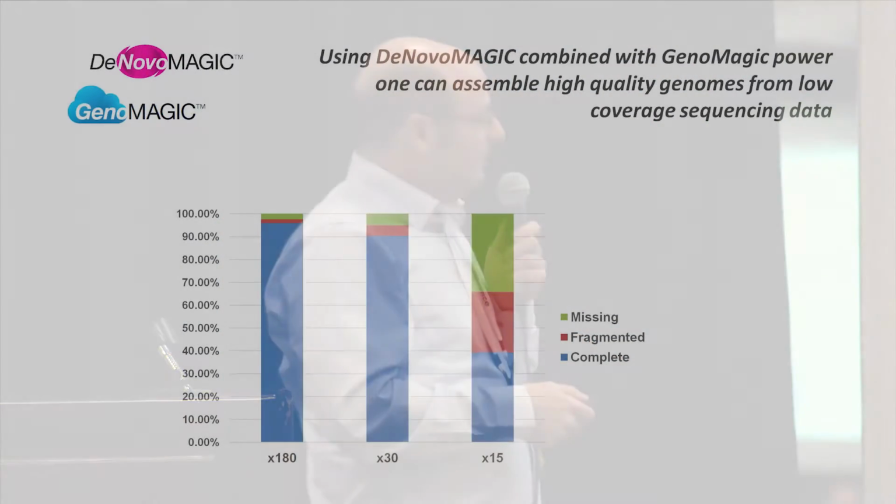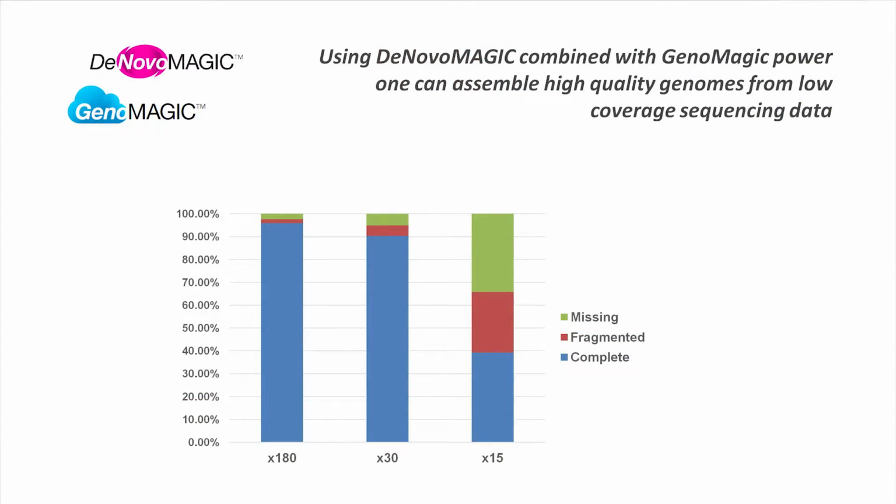How do you translate this into genomic comparison or all the rest of the value that genomes can bring? Again, you want to get the most out of the least coverage, in the most cost-effective way.